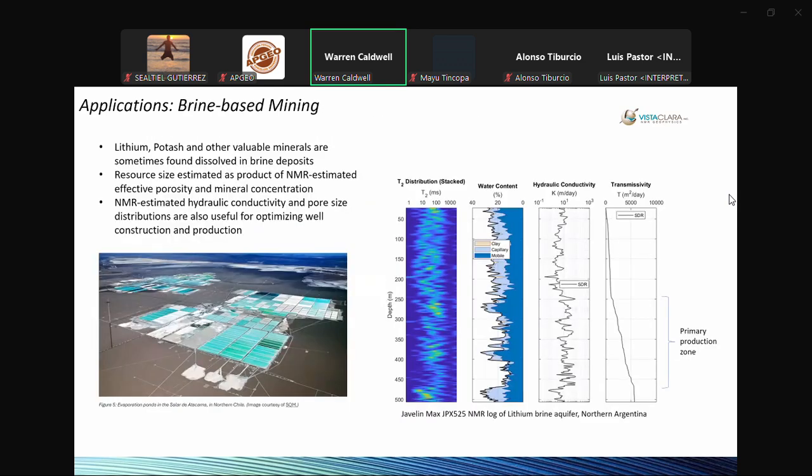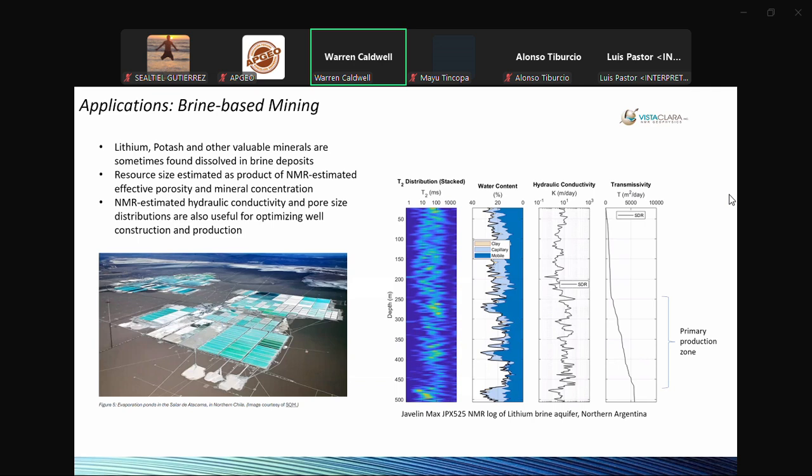NMR is also used in brine mining, solution mining, lithium production. SQM in Chile has been using Javelin systems for many years now in multiple applications.